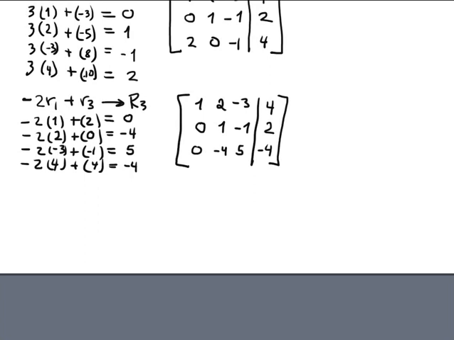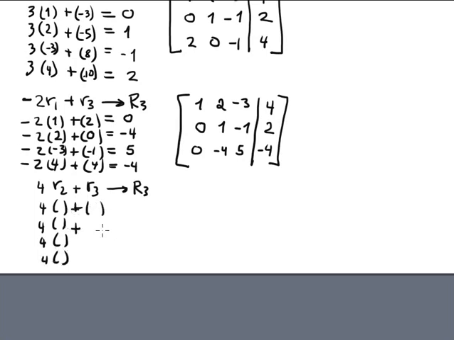Good. Okay, the last step. The last row operation is R2 plus R3, storing in R3. Row 2 is 0, 1, negative 1, and 2.